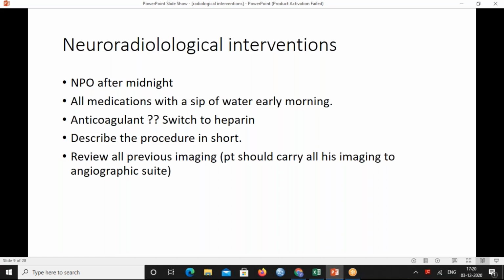If the patient is not in a mental state to understand, then the first degree attendant should be told about the risks, complications and the procedure. And review of all the previous imaging. Patients should always carry their previous imaging to the angiographic suite, and it should be reviewed before the procedure is started.